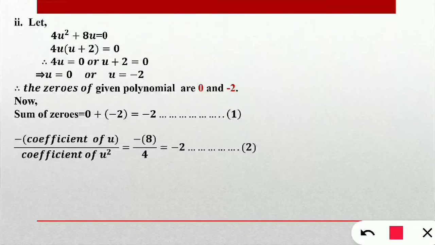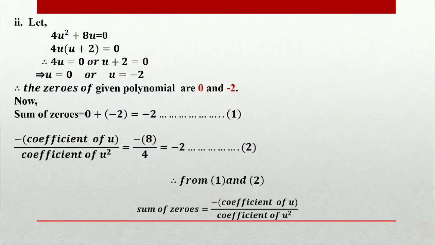Here coefficient of u is 8 and coefficient of u square is 4. Therefore we can write minus 8 upon 4, which is equal to minus 2. Give it as equation number 2. Therefore from 1 and 2, sum of zeros is equal to minus coefficient of u upon coefficient of u square.